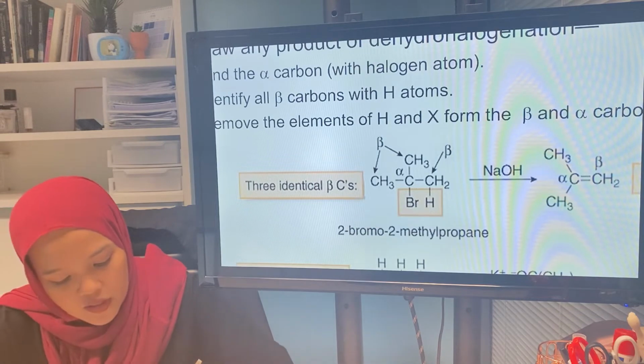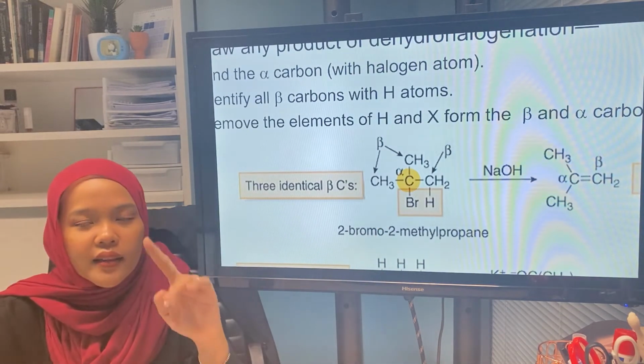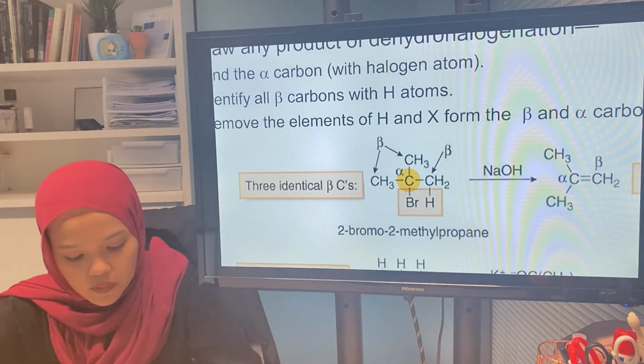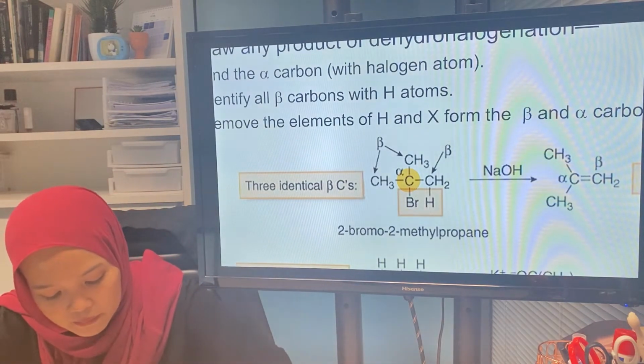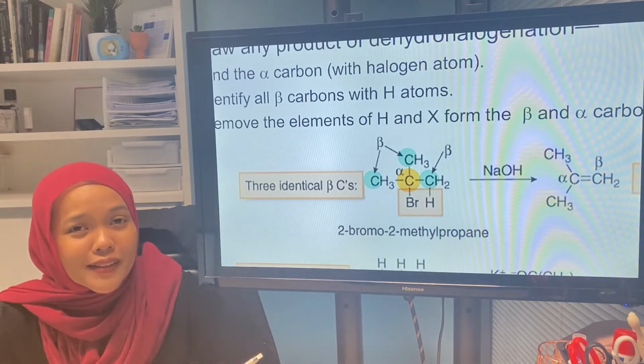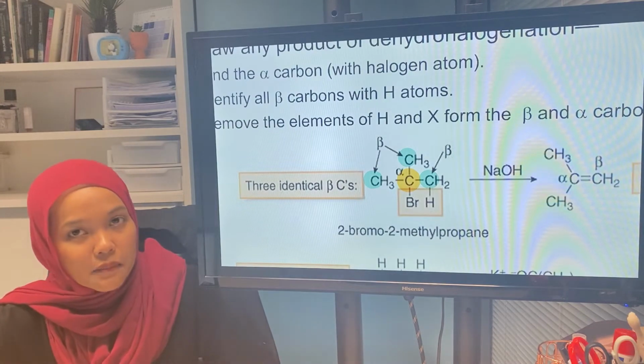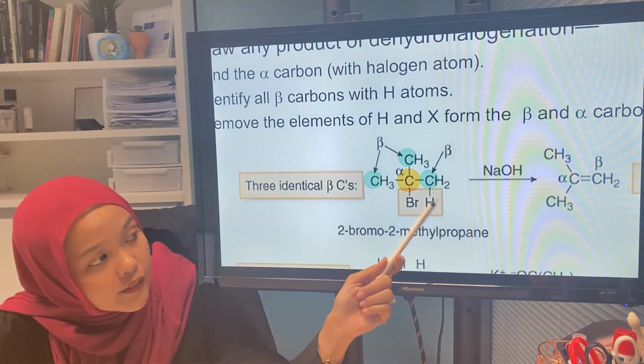This is your alpha carbon. The carbon attached to it is what we call the beta carbon. Attached to this beta carbon, we call it the beta hydrogen.